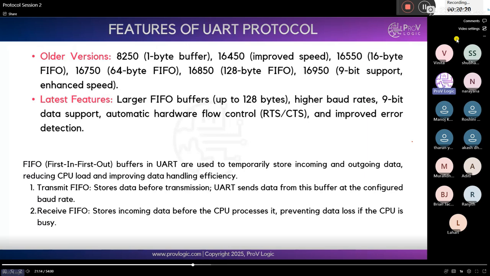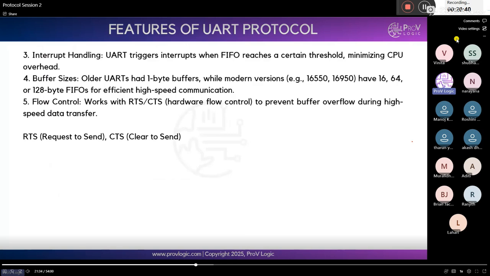In the same way, on the receiving side, the FIFO stores the data internally before the CPU processes it. It prevents data loss between the CPU and the external device, and it also handles flow control with RTS and CTS.